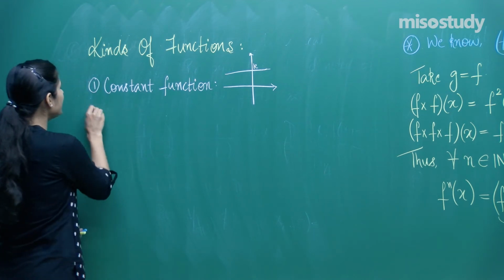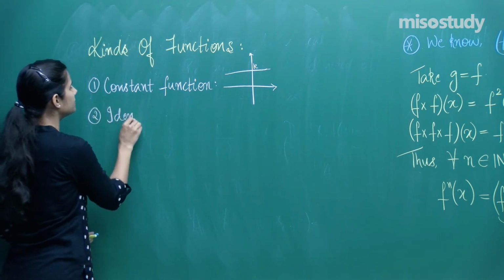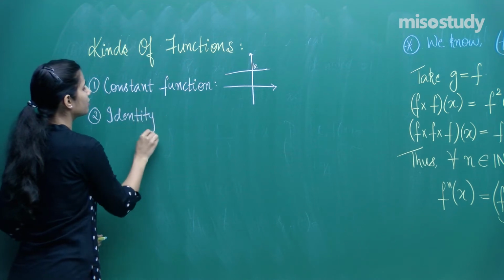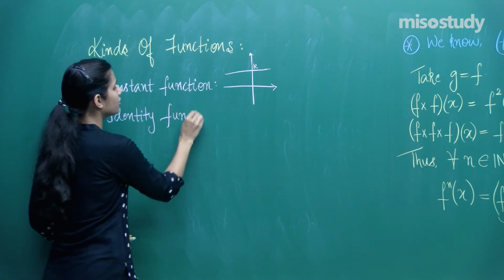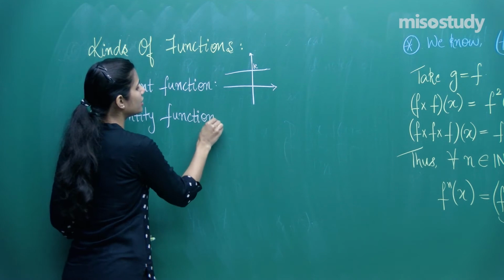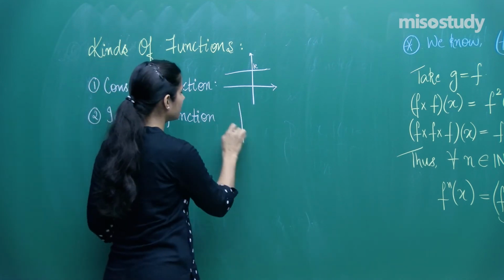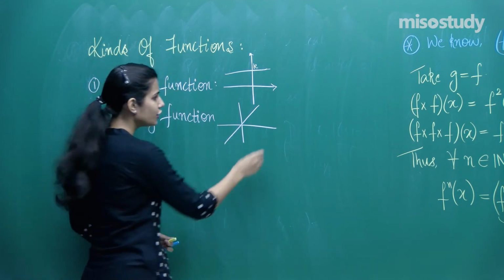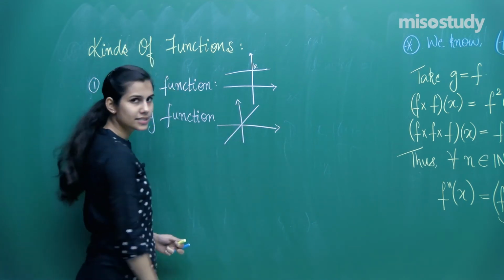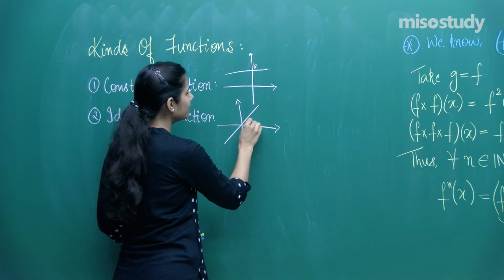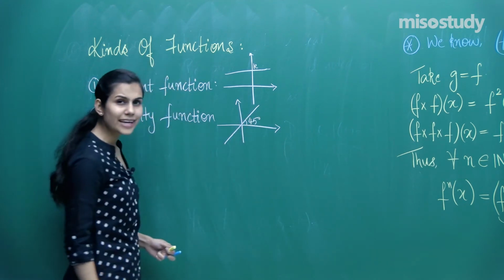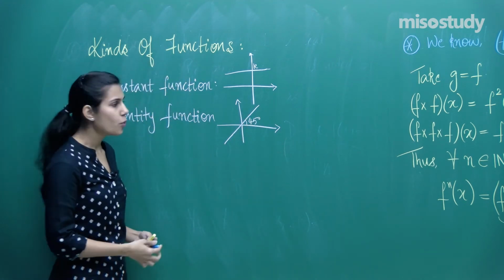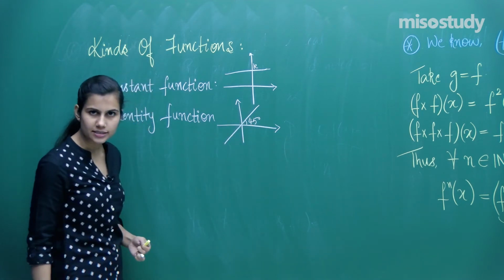The next function we did was the identity function, which looked like this. You had your x-axis, your y-axis and a straight line inclined at an angle of 45 degrees with the positive direction of x-axis.